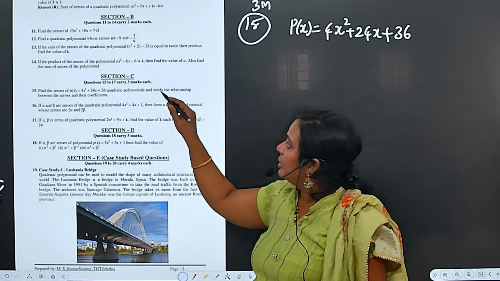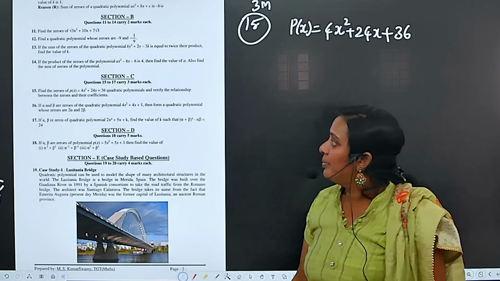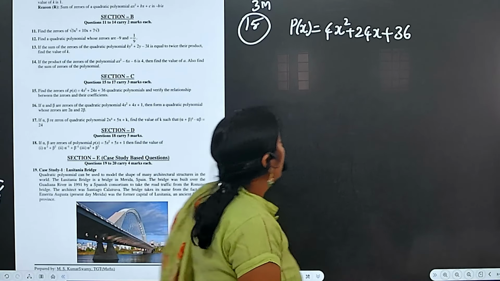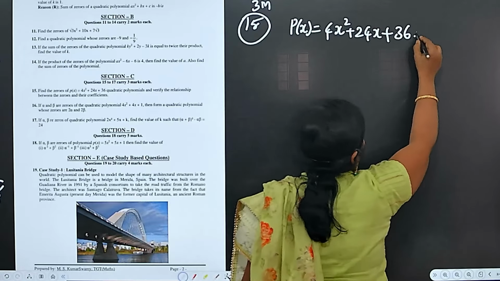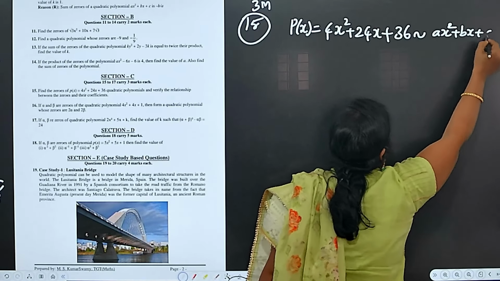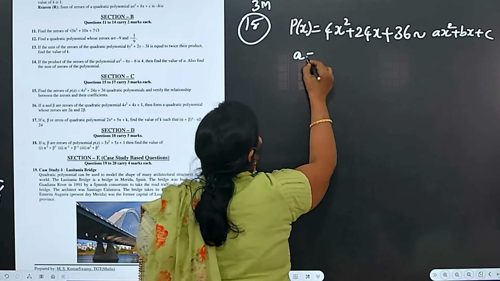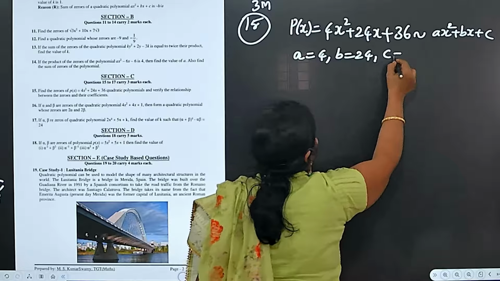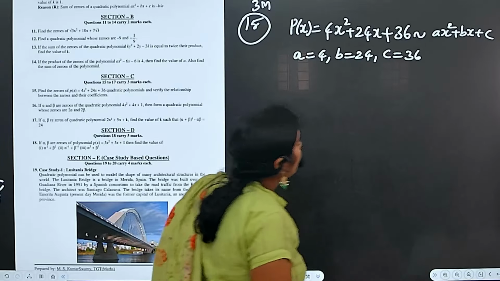Quadratic polynomials and verify the relationship between the zeros and their coefficients. Here it is comparing with ax square plus bx plus c. What is a? A equal to 4, b equal to 24, c equal to 36.